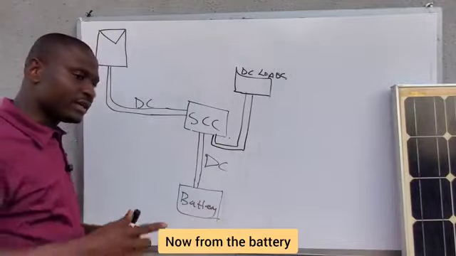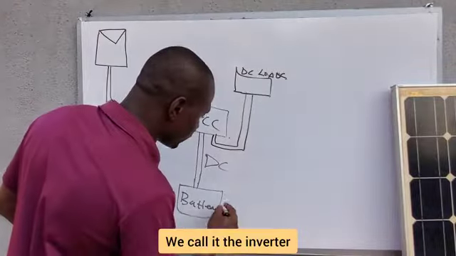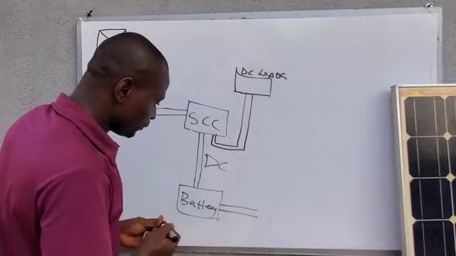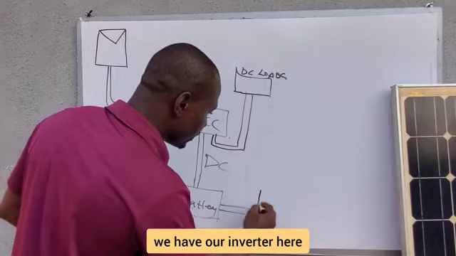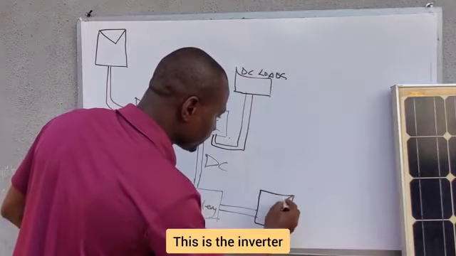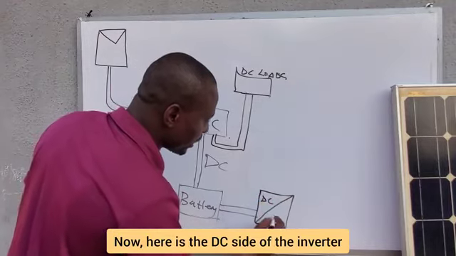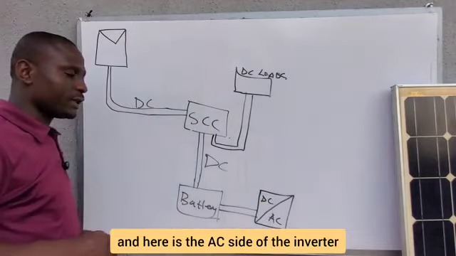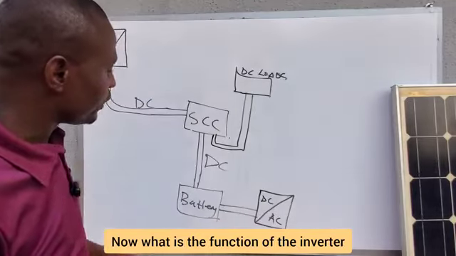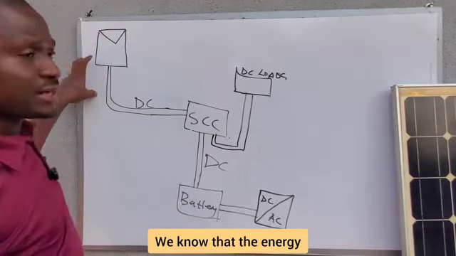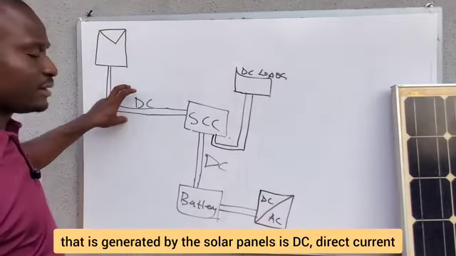Now, from the battery, there is another component again. We call it the inverter. From the battery, we have our inverter here. This is the inverter. Now, here is the DC side of the inverter, and here is the AC side of the inverter. Now, what is the function of the inverter? We know that the energy that is generated by the solar panels is DC, direct current.